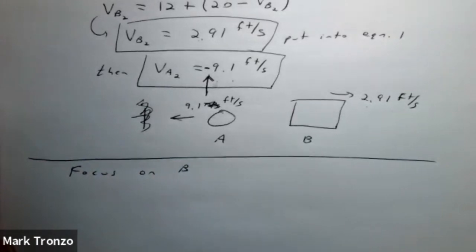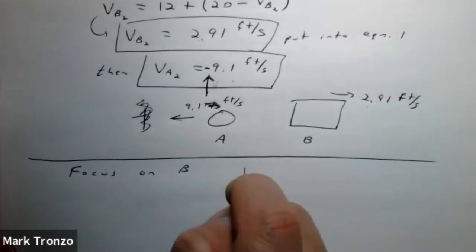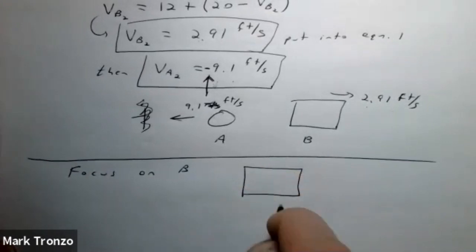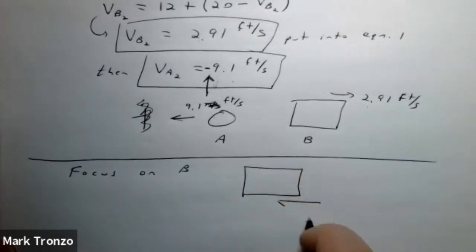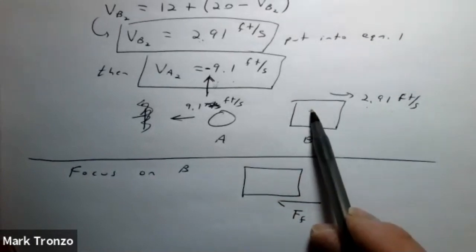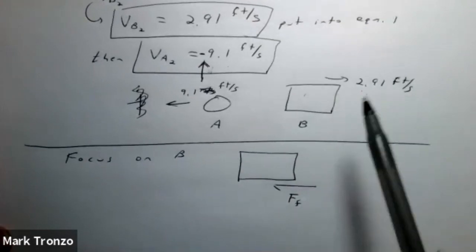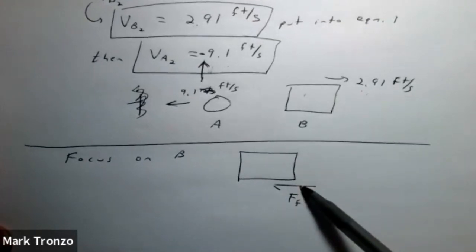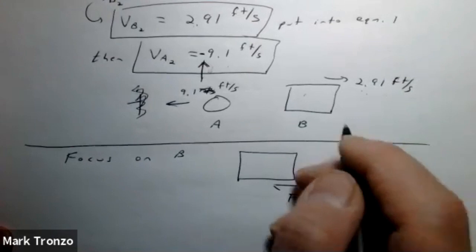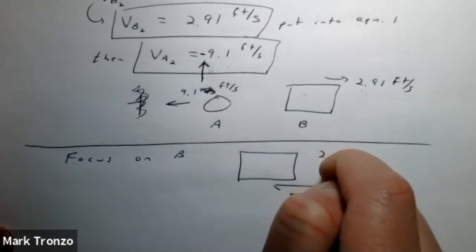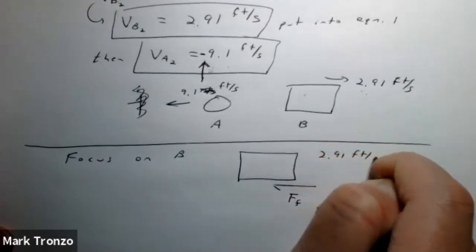And think, what kind of forces do we have on B? It looks like the only thing acting on B is going to be the friction force. Once B starts moving, this really just becomes a problem like we've had before. We have friction acting on B, and it's moving to the right at 2.91 feet per second.